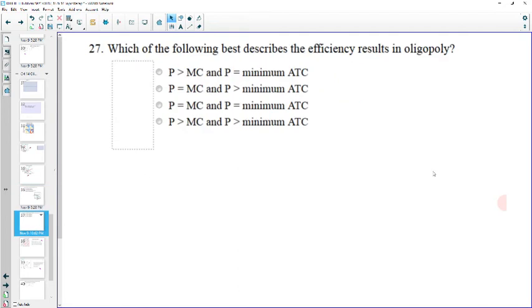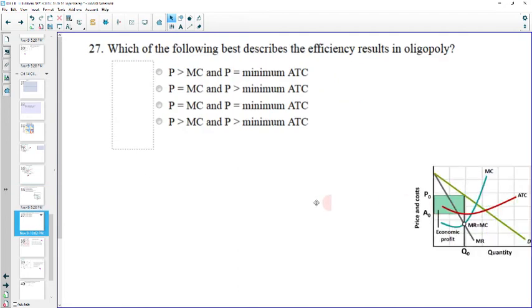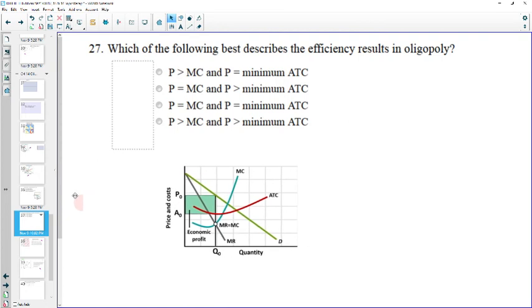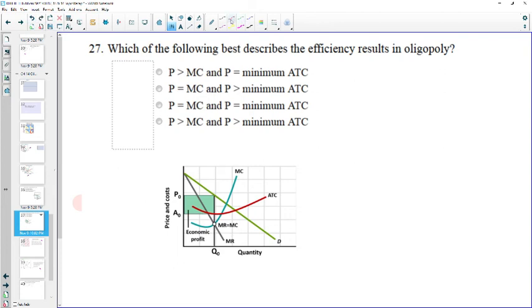Which of the following best describes efficiency? An oligopolist produces where marginal cost and marginal revenue meet. That is not where supply and demand meet. We are not producing enough of it, and we're not going to produce at the minimum average total cost. We're going to be slightly higher.